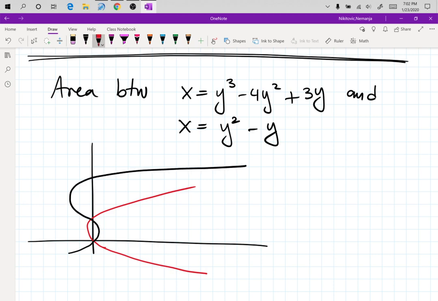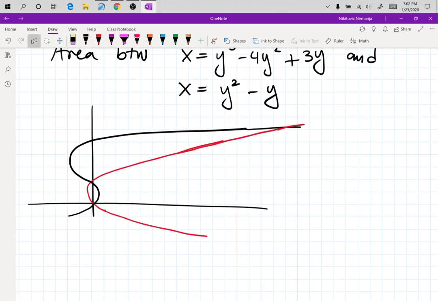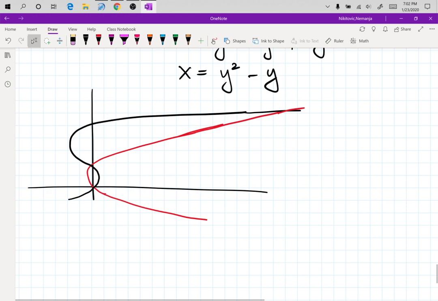And what they do is they intersect far out one more time. So now I have 2 areas to worry about, and you see that for one it is going to be f minus g, and for the other one it is going to be g minus f, right? So we're going to have to set them up that way.